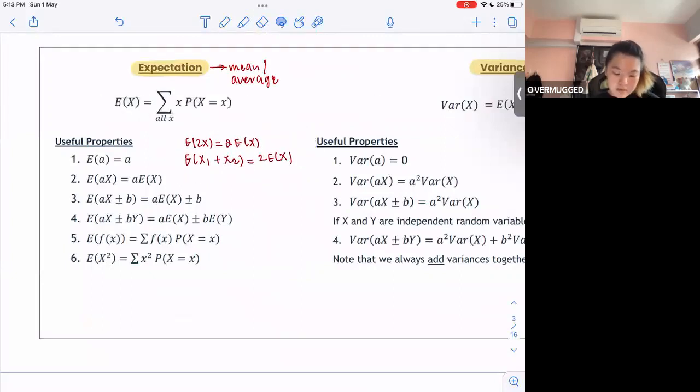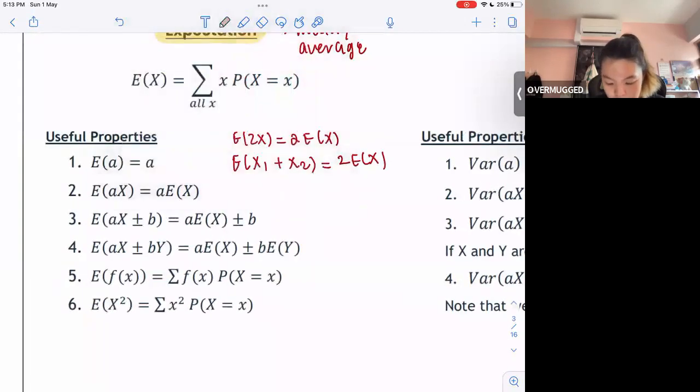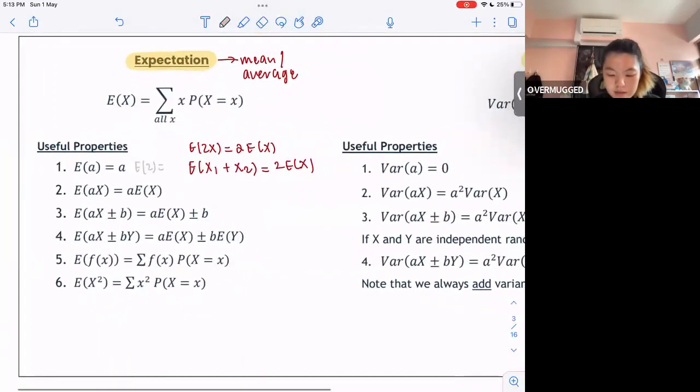It's very straightforward, right? So over here, let's say we have the expectation of a constant. It will just be the constant itself. So a good example would be like your expectation of 2 would just be 2. Okay. And then this would correspond to this. Your expectation of, let's say, 2x will just be 2 times the expectation of x.